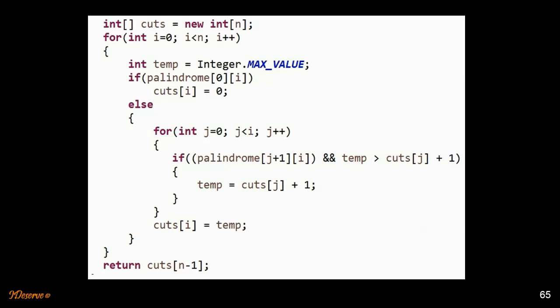We should first check if the substring of length I is a palindrome before splitting it up. If it is a palindrome, then the number of cuts required is 0. Else start splitting up the substring of length I at each character and try to figure out the minimum number of cuts for that particular substring in this loop. Finally, we'll have the number of cuts for the whole string in the last column of the cuts array.